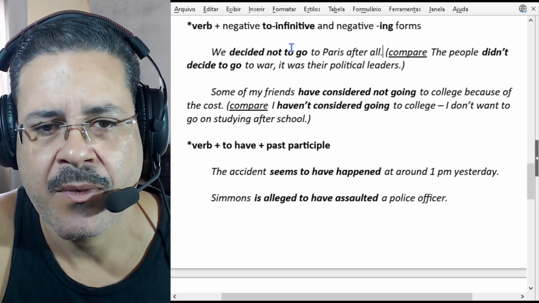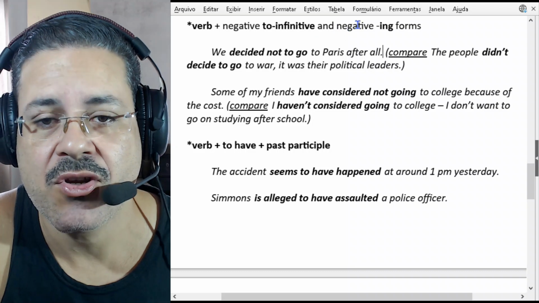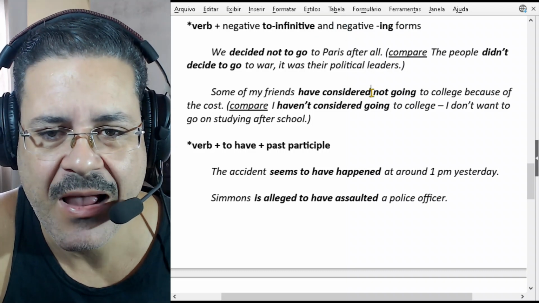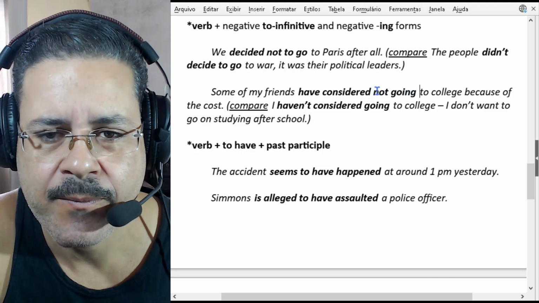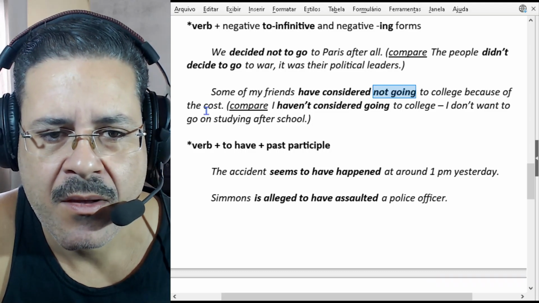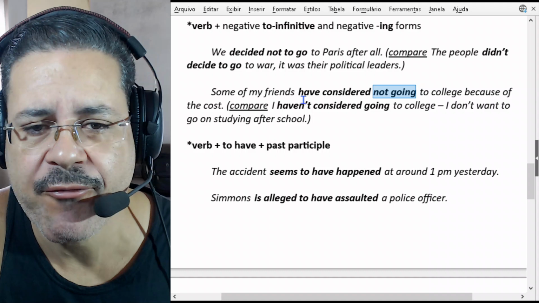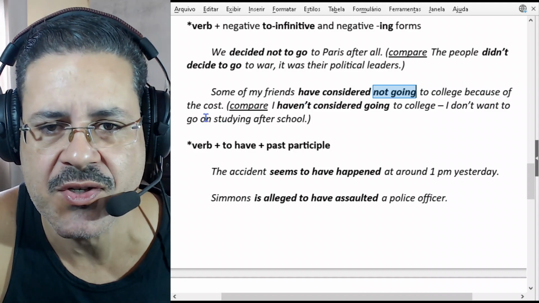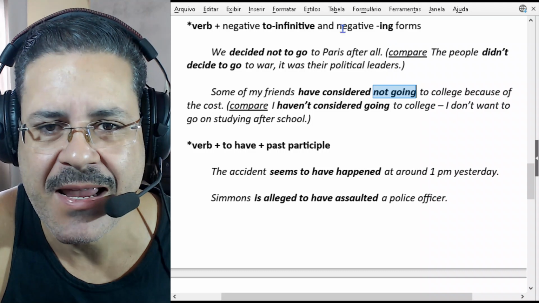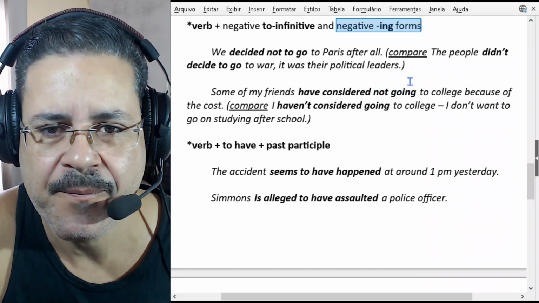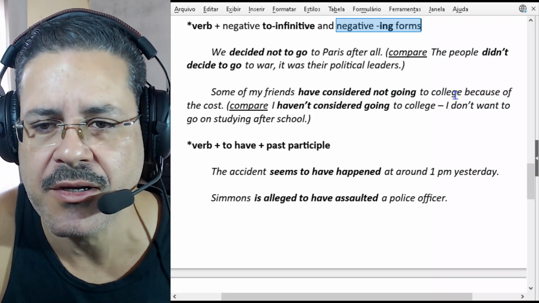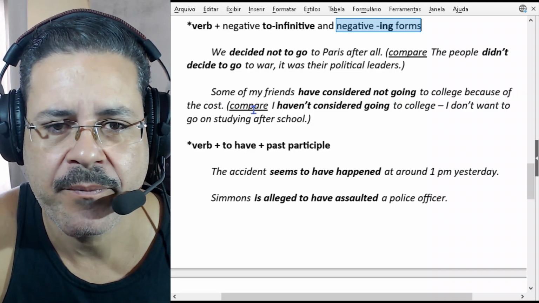Negative to infinitive, and sorry, in that case we've got negative ing forms. Negative ing forms. Some of my friends have considered not going to college because of the cost. This is about negative ing forms.